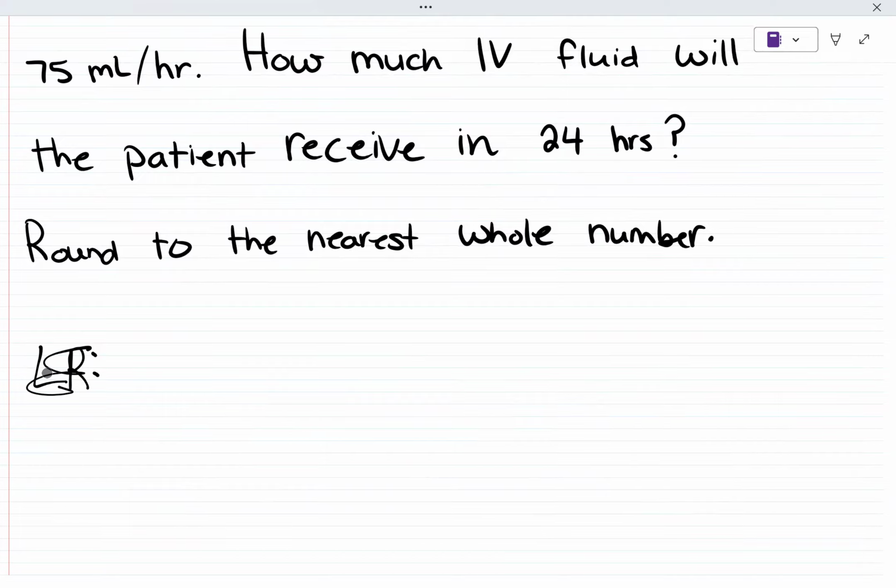So there's one note. Lactated Ringer's will be running all the time except when the patient is getting their IV piggyback. So note that to yourself.